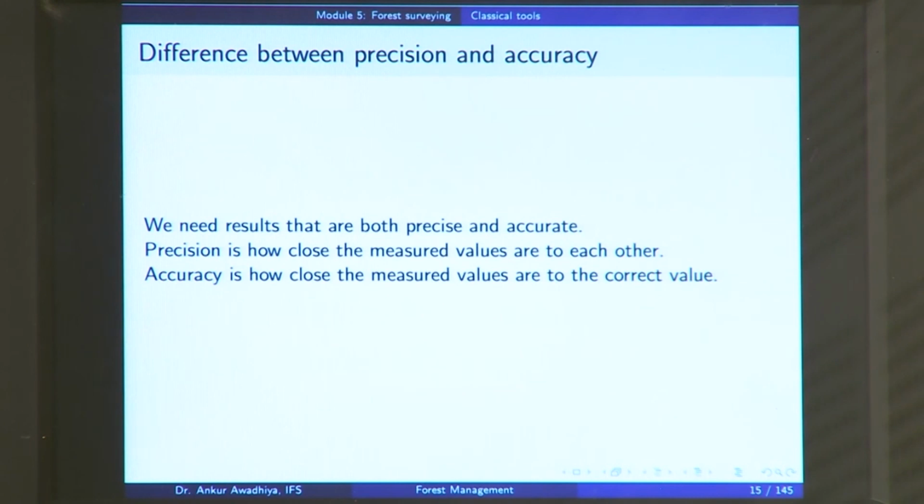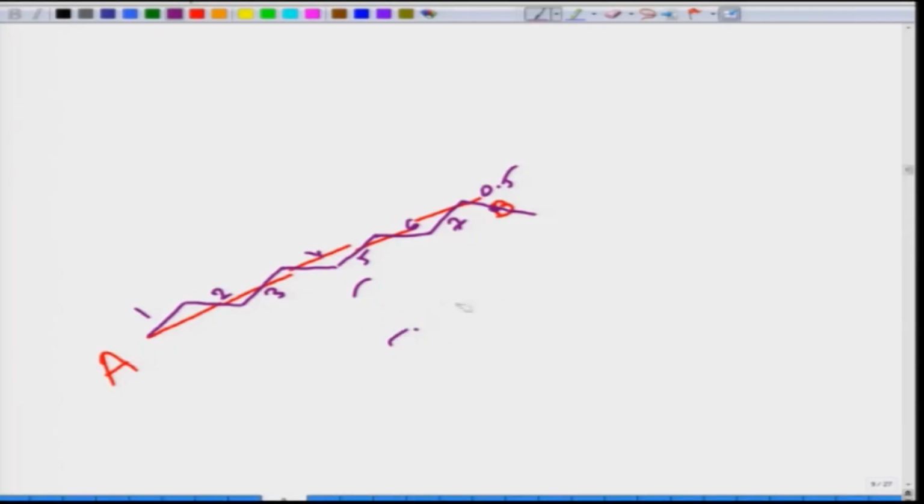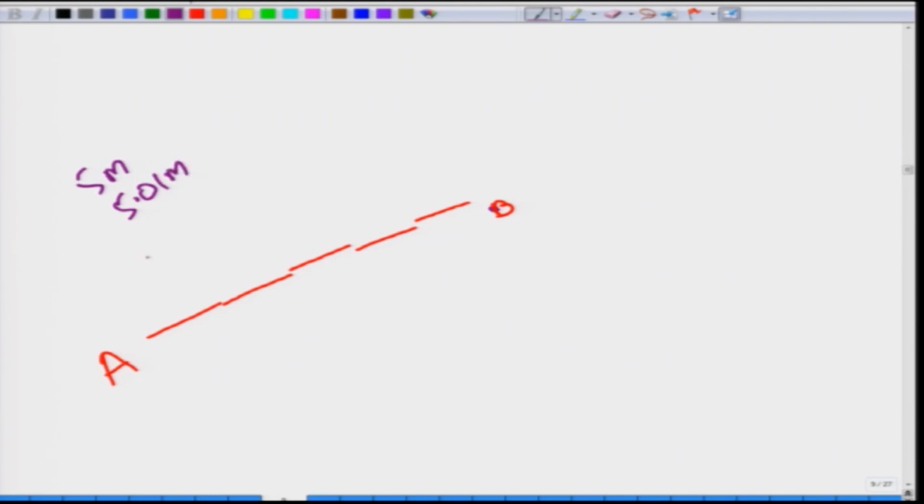If we take this example, suppose you were taking the measurement between A and B, and you measured the distance between A and B as 5 meters, 5.01 meters, 4.98 meters, 4.97 meters and 5.03 meters.